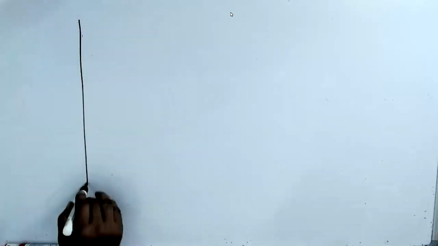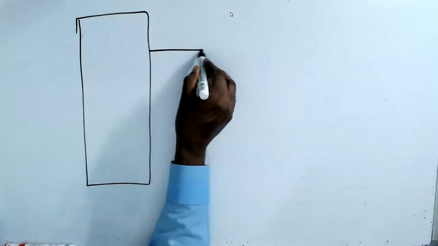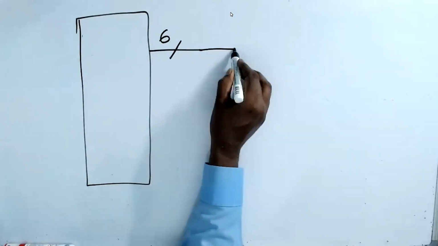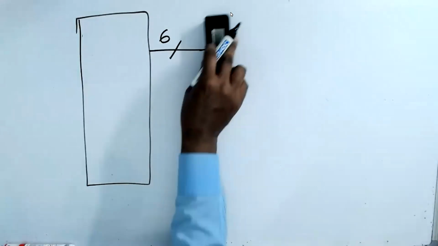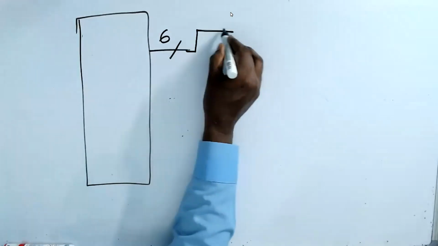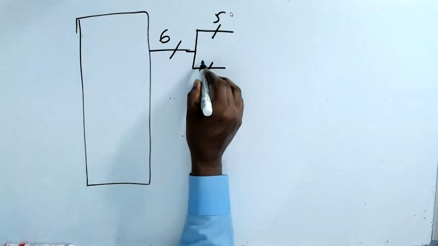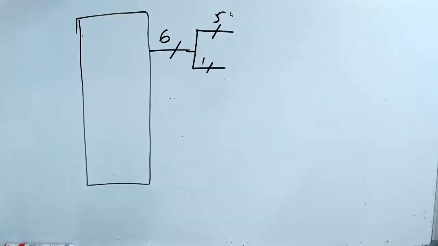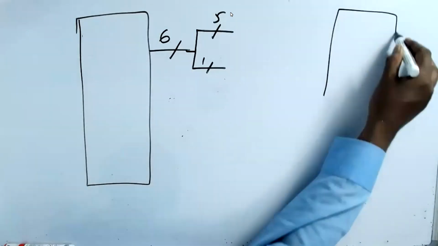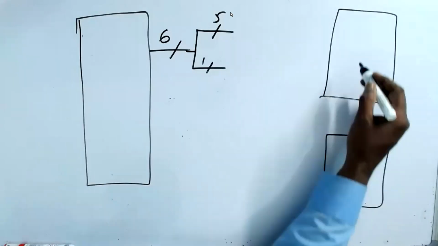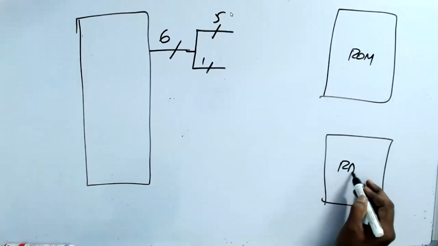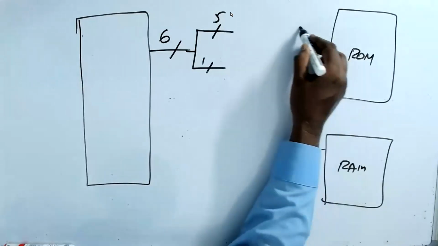Now I have a microprocessor which gives 6 address lines. I divide into 5 and 1. Now I have 2 chips, ROM and RAM, both have 5 address lines.